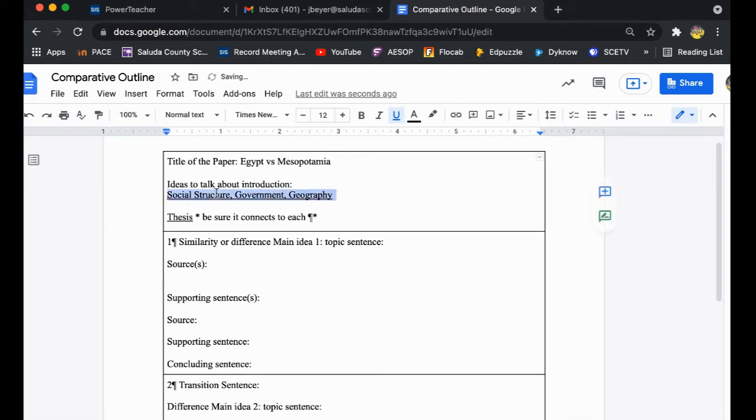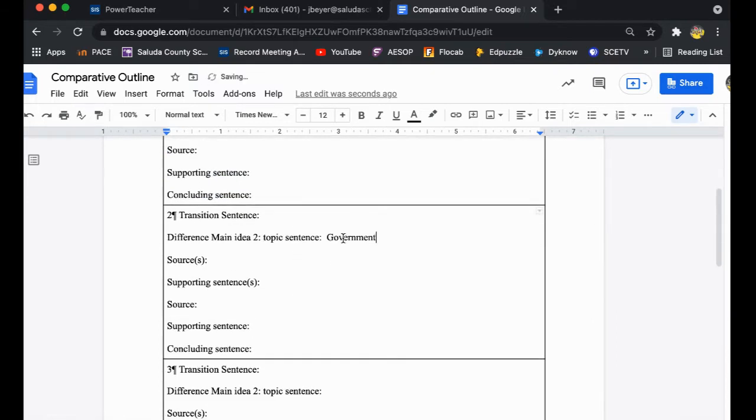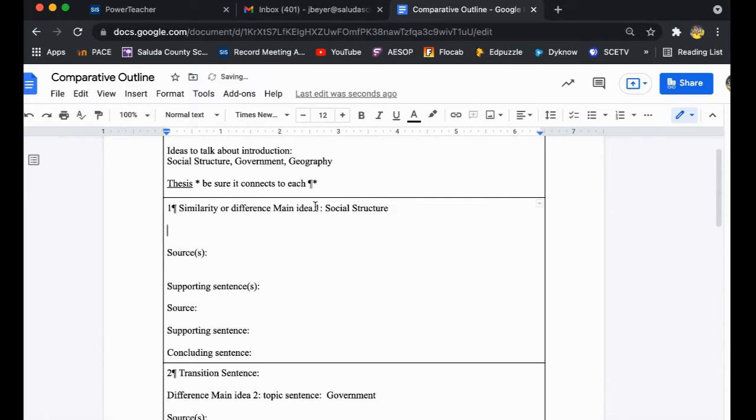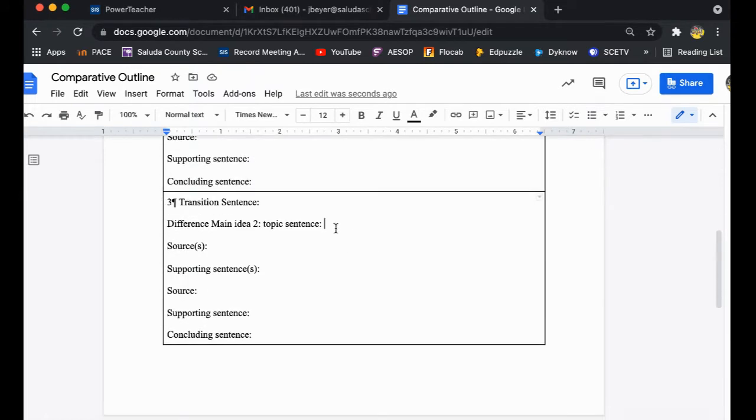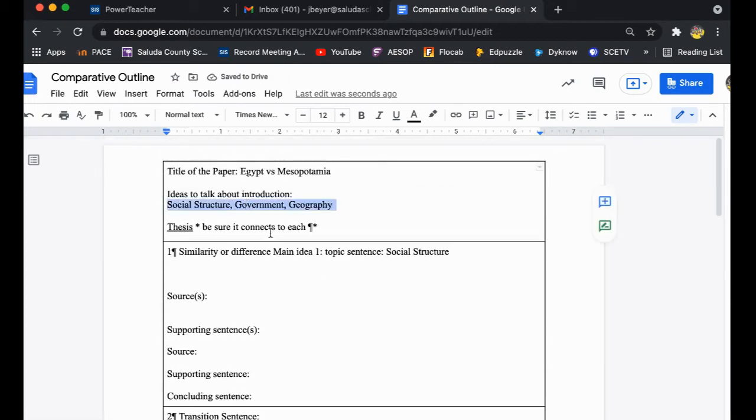So now that we got our ideas, now I want y'all to go ahead and divide each of these into its own paragraph. Those are your three main ideas right here.